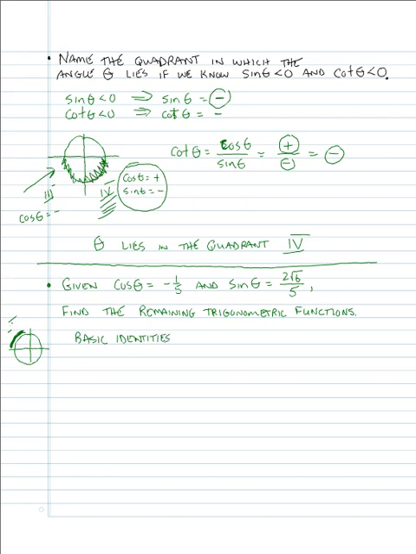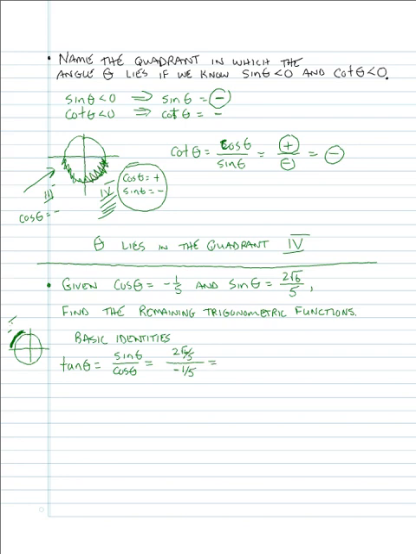Okay. So, for instance, to find the tangent of theta, remember, as we said before, that's the same as the sine of theta divided by the cosine of theta. So since we know both of those values, it becomes just an algebraic manipulation. The sine of theta is 2 times the square root of 6 divided by 5, and the cosine of theta is negative 1 over 5.